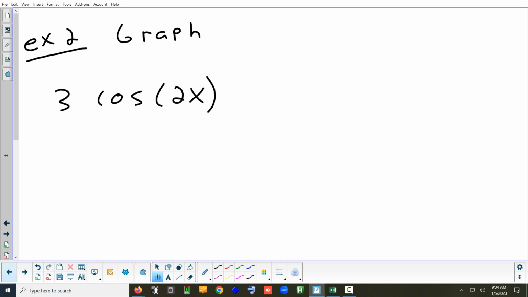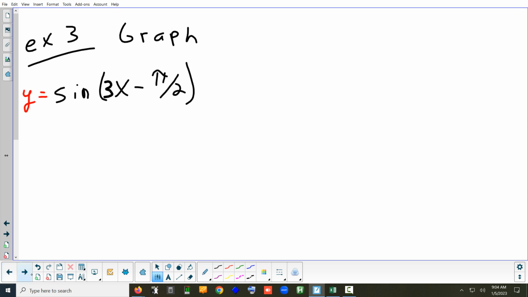Here, it wouldn't be important to follow the order because this is a vertical stretch. This is a horizontal stretch. Each transformation here is on its own separate axis. They have nothing to do with each other. But in this one, that's not true. We have a phase shift, which is a horizontal shift.